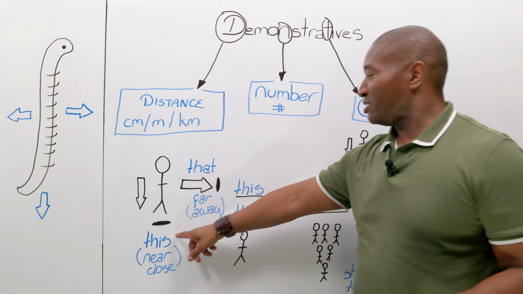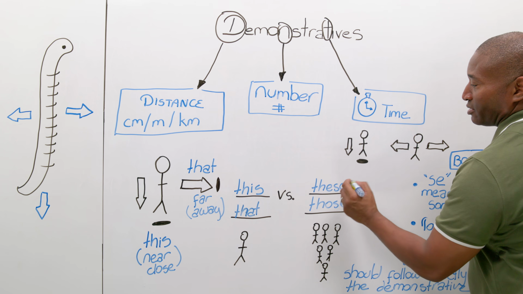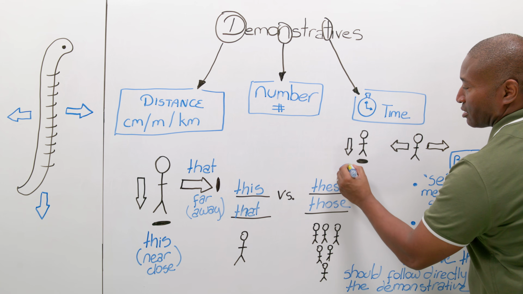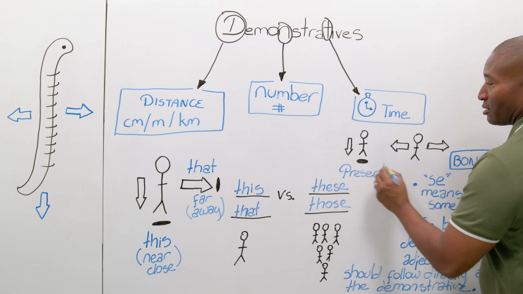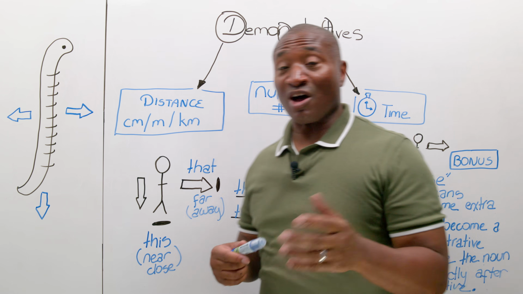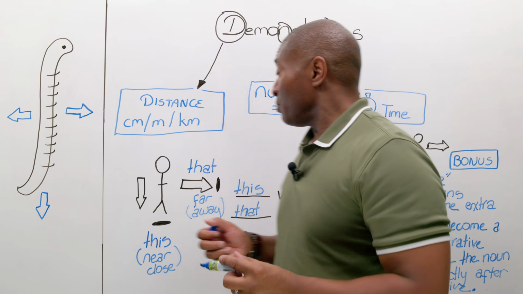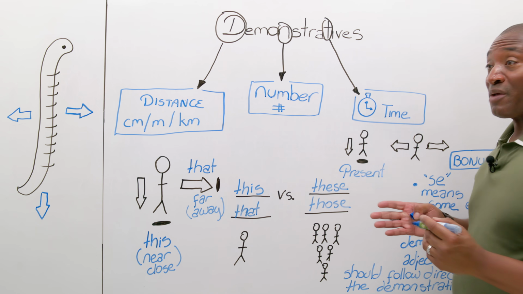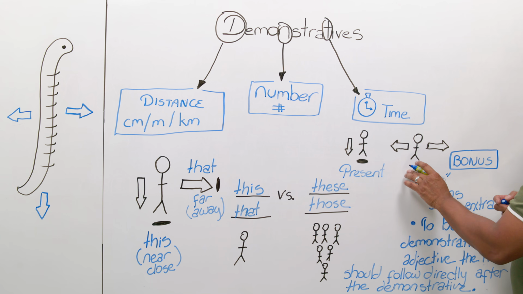You remember I said this is near? Well, when we talk about this, right, we're saying present tense. So this time I'm going to do it right now, present tense. But if we want to talk about the future or the past, we can use that.